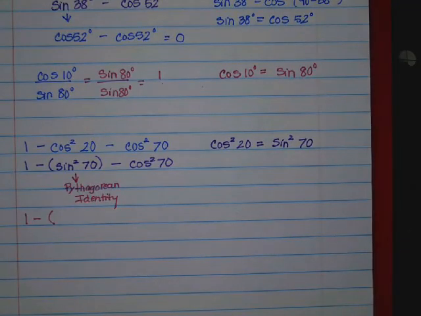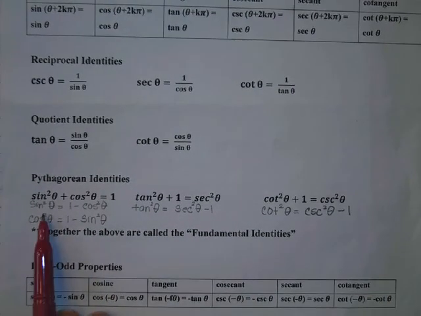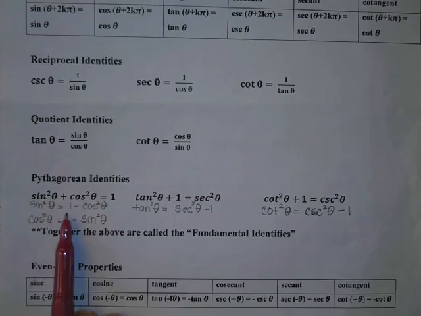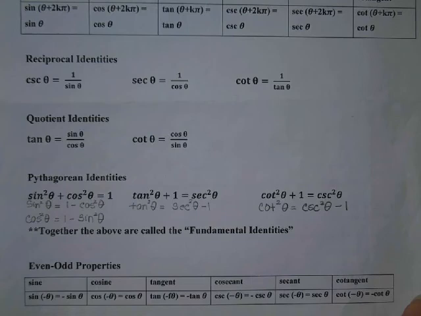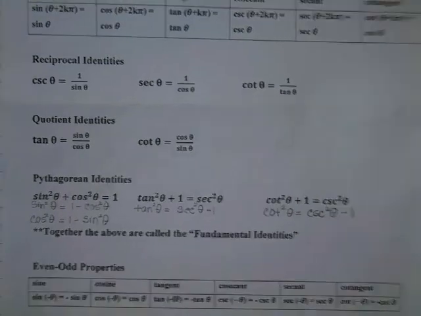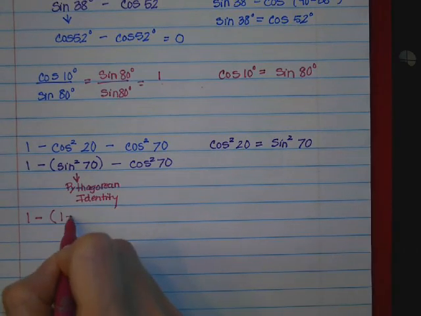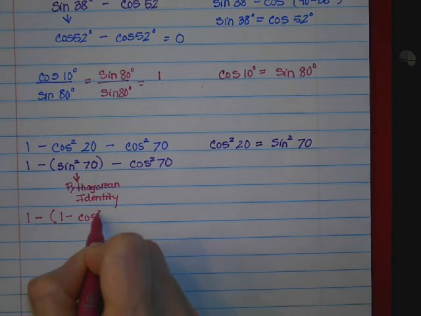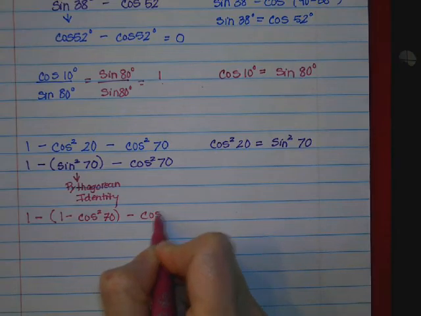I'm going to grab my Pythagorean identities so I can show you what I'm talking about. We've got the sine squared of any angle is equal to 1 minus the cosine squared of that same angle. So these are those Pythagorean identities that you guys are going to need: the reciprocal, the quotient, and the Pythagorean. All right, so move this back. So this is equal to 1 minus the cosine squared of 70. Then we'll finish out, minus the cosine squared 70.